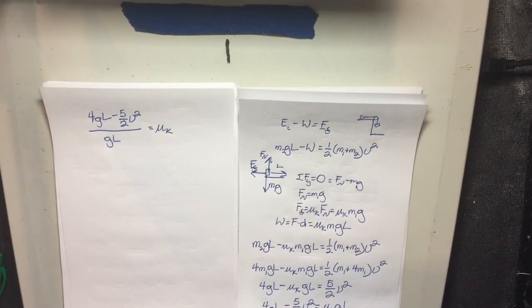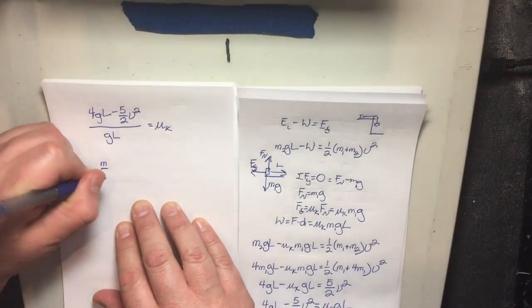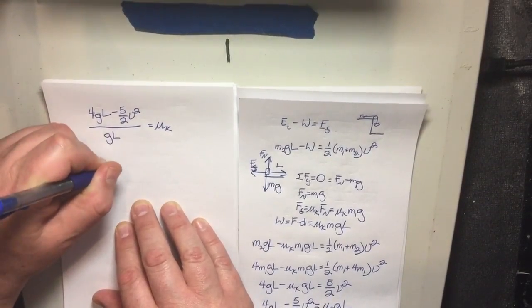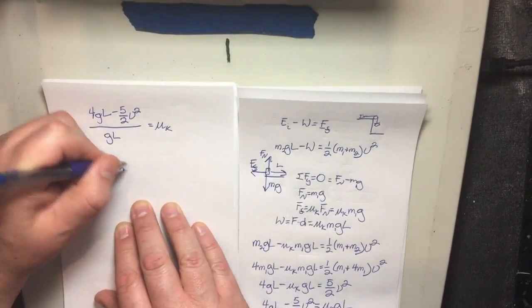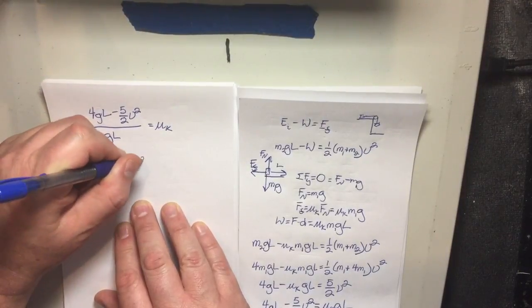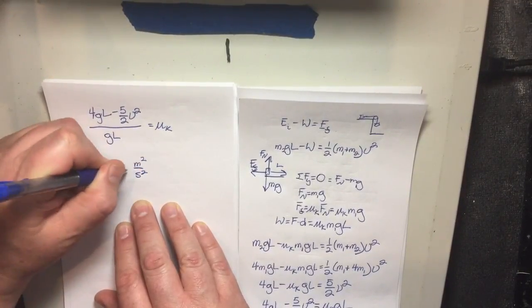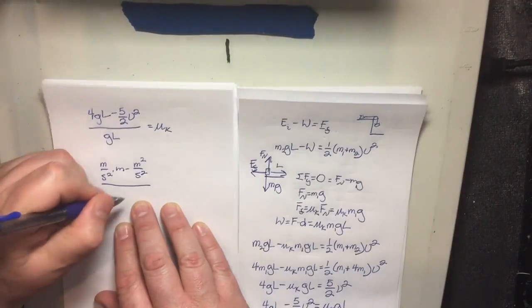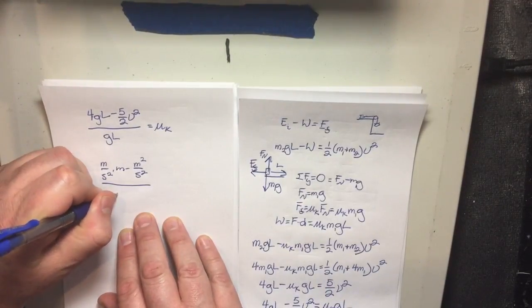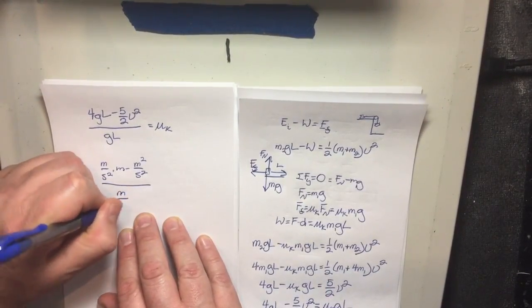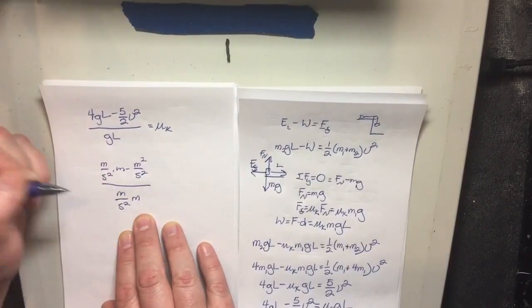Now the first thing that you would want to do if you had the time is to showboat it and show how the units work out. G is in meters per second squared. Length is in meters. V squared is meters squared per second squared. And the denominator is meters per second squared times meters.